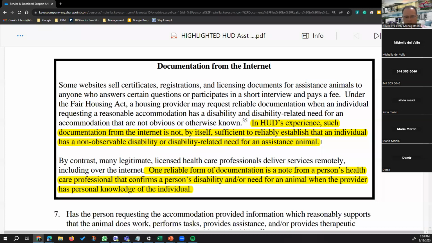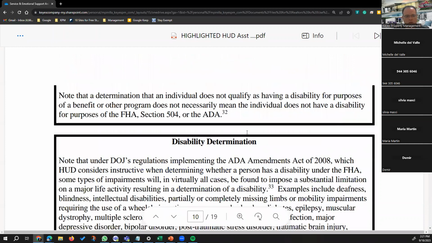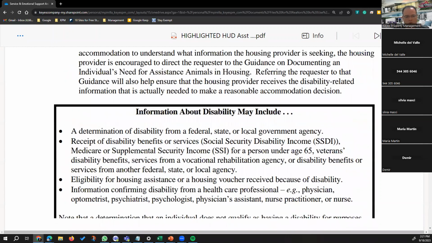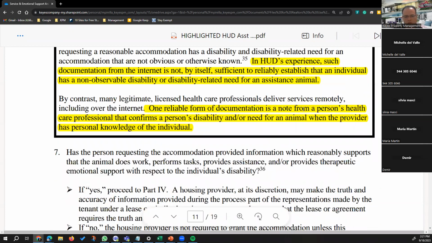It's not by itself. Now, if you do get one of the documents that we talked about earlier, or if you get a letter from a doctor or healthcare professional that confirms a disability and the need for the animal, when the provider has knowledge of the individual, such as a primary care physician, a therapist, a nurse, or an optometrist who says we need it for this tenant, you pretty much have to accept it.